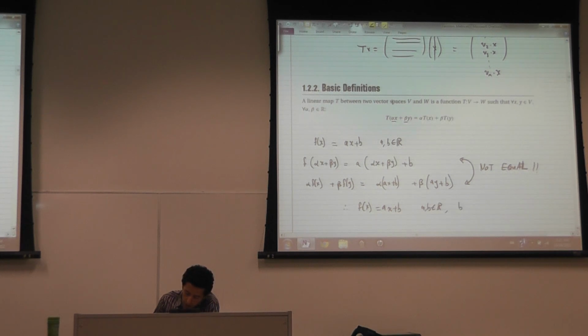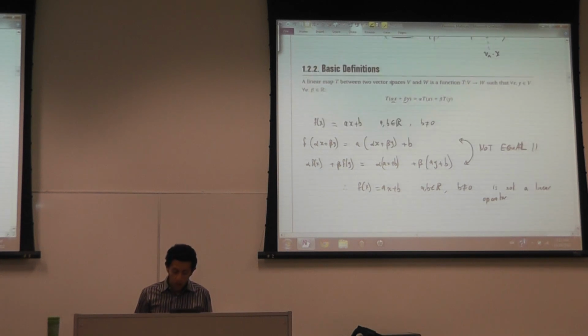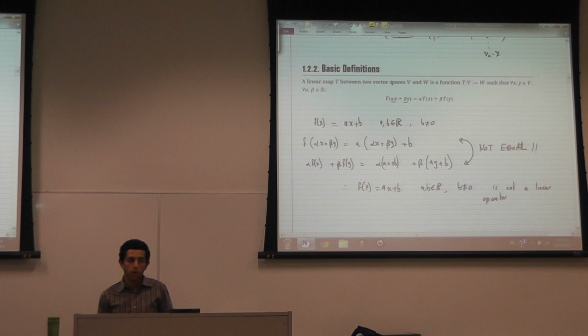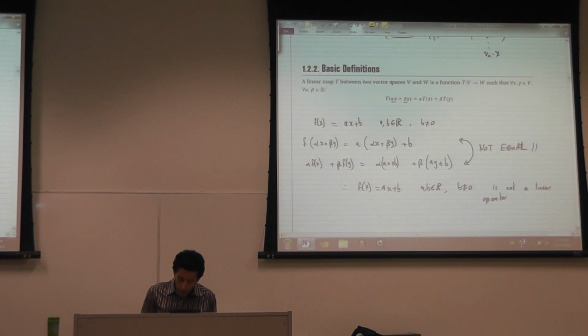Of course, b is not equal to 0, because if b is equal to 0, then they're equal. So this function, not any function, is a linear operator. A linear operator has to satisfy this property.